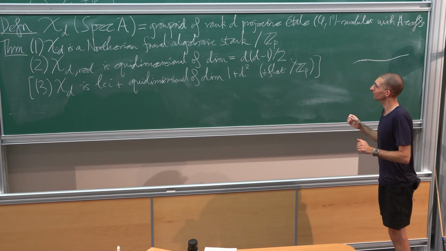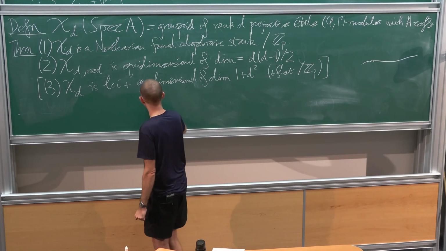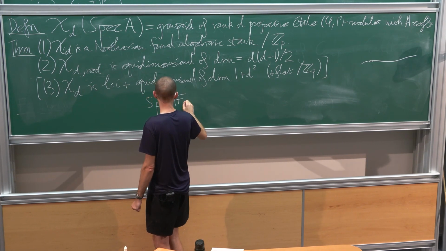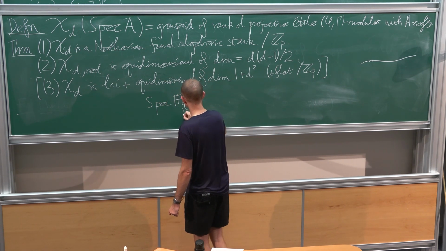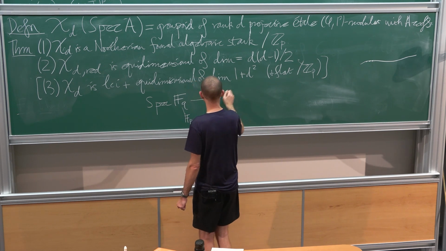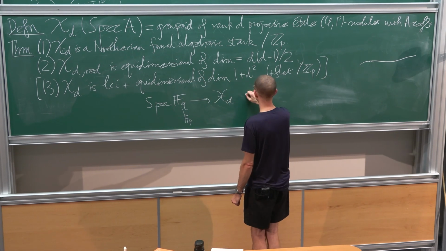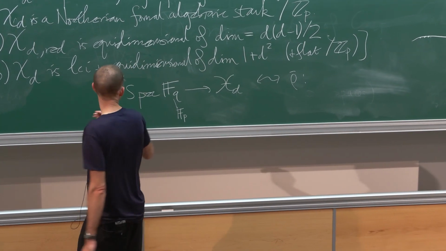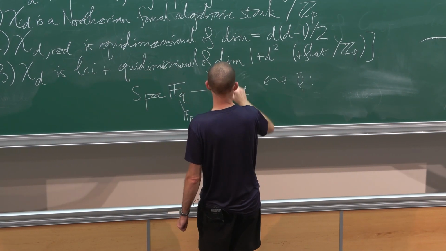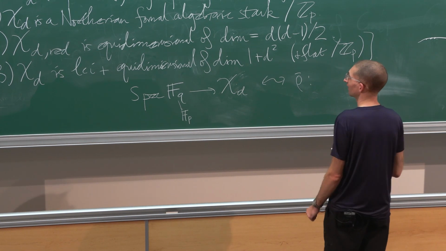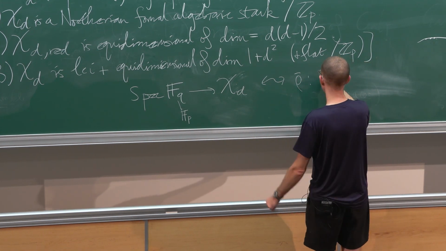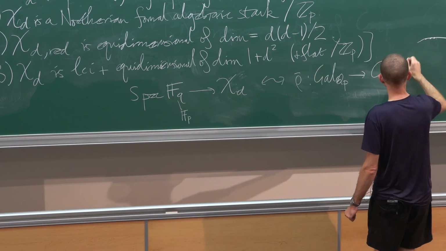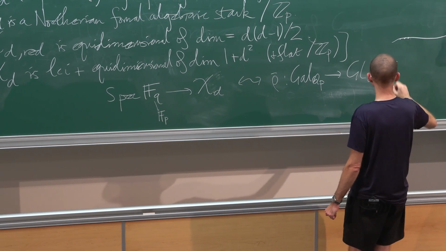A point of this thing is just a map from Spec of F_q, which is a finite extension of F_p, to my stack, and this is the same data as a representation to GL_d(F_q).